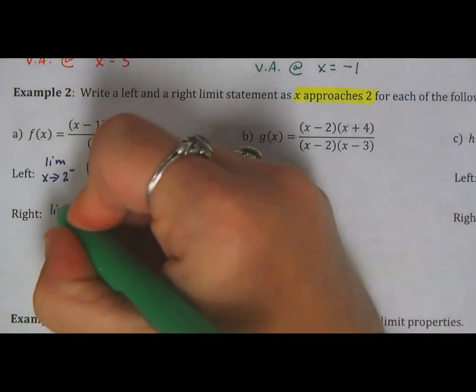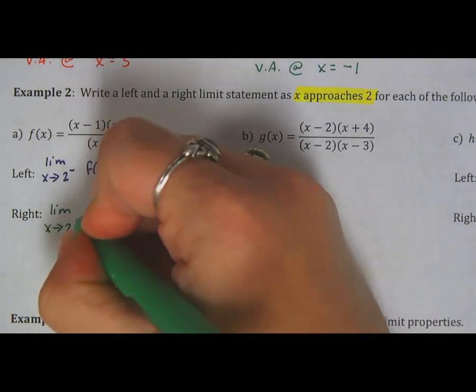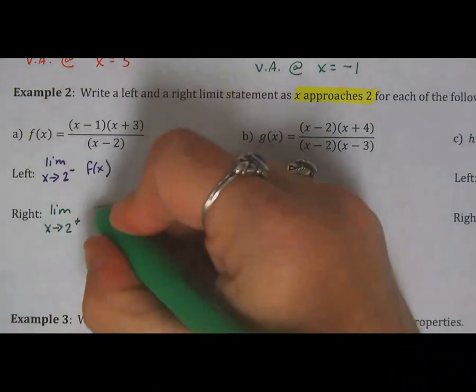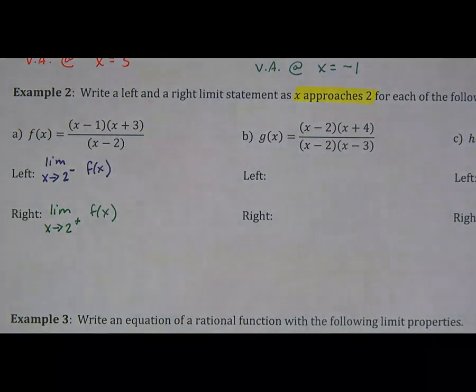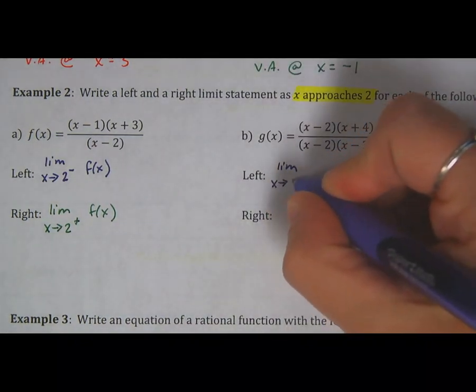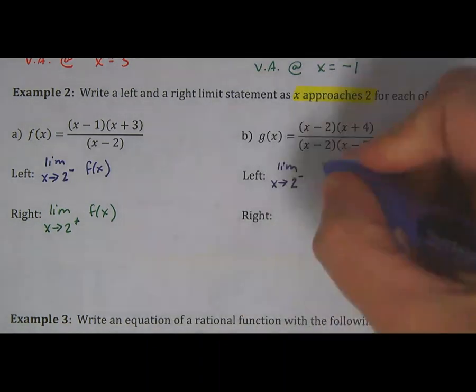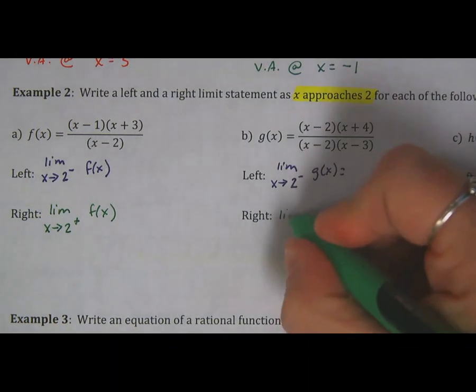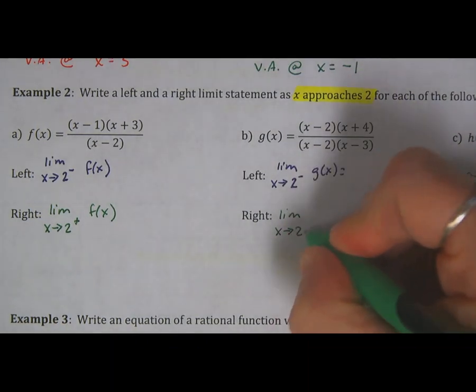And then the limit as x approaches 2 from the positive direction, 2 from the right, of f of x. And go ahead and do that on B and C. I'm only doing this because the directions told me to. So read on your homework, because it's probably not going to be 2 again.